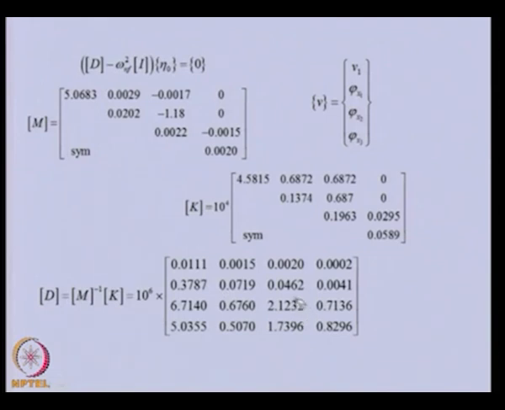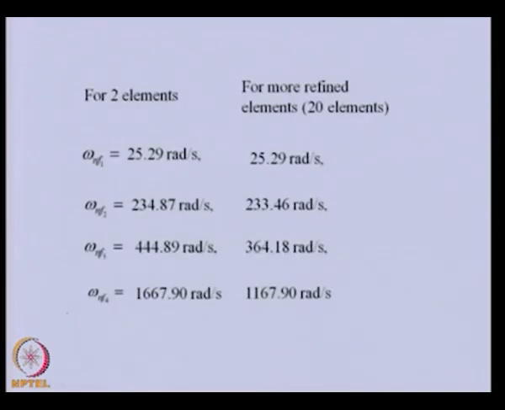Square root of the eigenvalue will give us the natural frequency. In this particular case, because we illustrated with 2 elements, if we calculate the natural frequency, we will get 4 natural frequencies.